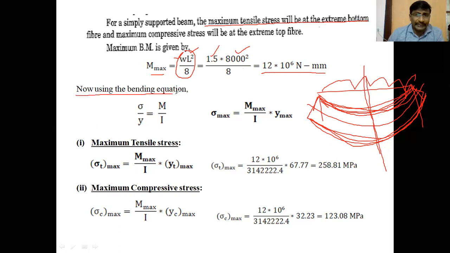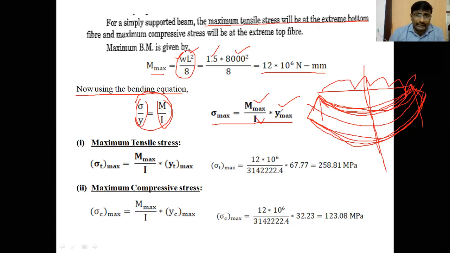Now using the bending equation, what is the bending equation? Sigma by y equal to M by I, also equal to E by R. We should use these two parameters in this problem. Sigma by y equal to M by I. From this we can write sigma max, the maximum bending stress, is equal to M maximum, the maximum bending moment, and moment of inertia about neutral axis, and extreme fiber distance from neutral axis, that is y maximum.